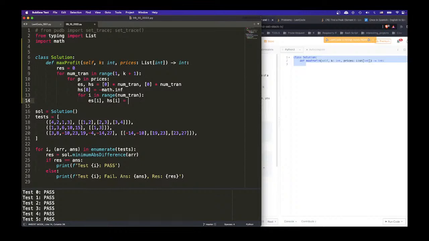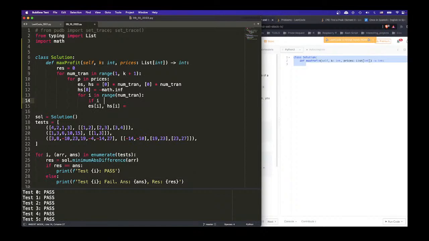Oh, when we start. So for E0, it's always going to be E by itself. We say if E of I is 0, then this will equal the maximum of ES[I], because it's just by itself, or do nothing.